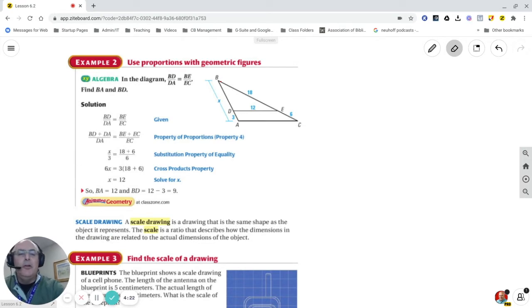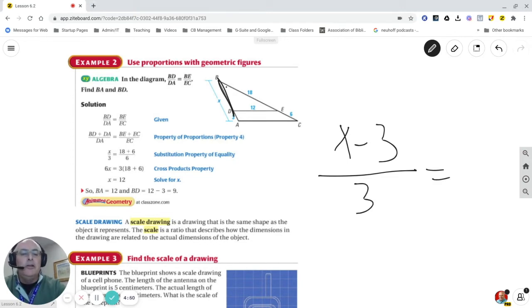What I have to remember, though, is that DA is going to be 3, BA is going to be x, and that's going to leave BD to be x minus 3. So I can approach the problem that way and say BD, x minus 3, over DA, 3, equals 18 over 6. And then I can approach the problem that way in order to solve for it.